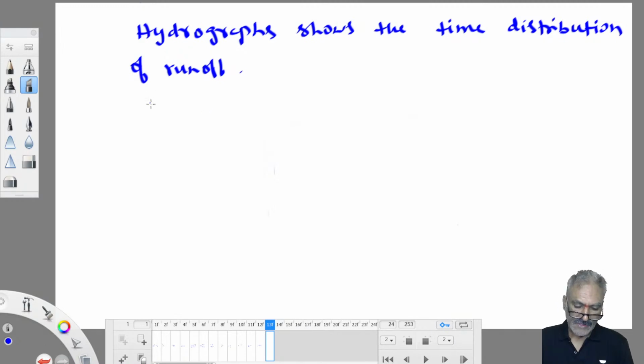So we have different types of hydrographs. The first type of hydrograph, which we badly need to work out the response of the catchment, is called a storm hydrograph or flood hydrograph or total runoff hydrograph.